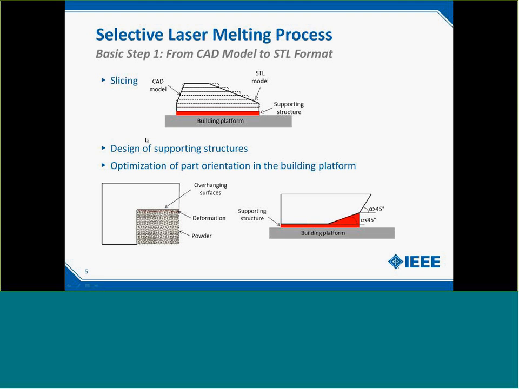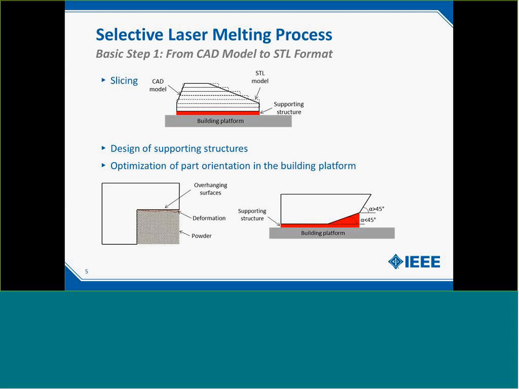The second task is the design of the supporting structures that are needed to support all hanging surfaces. All these surfaces are surfaces for which, in the previous layers, there is no powder that has been consolidated. And if no supporting structures are used, these surfaces can deform or even collapse.